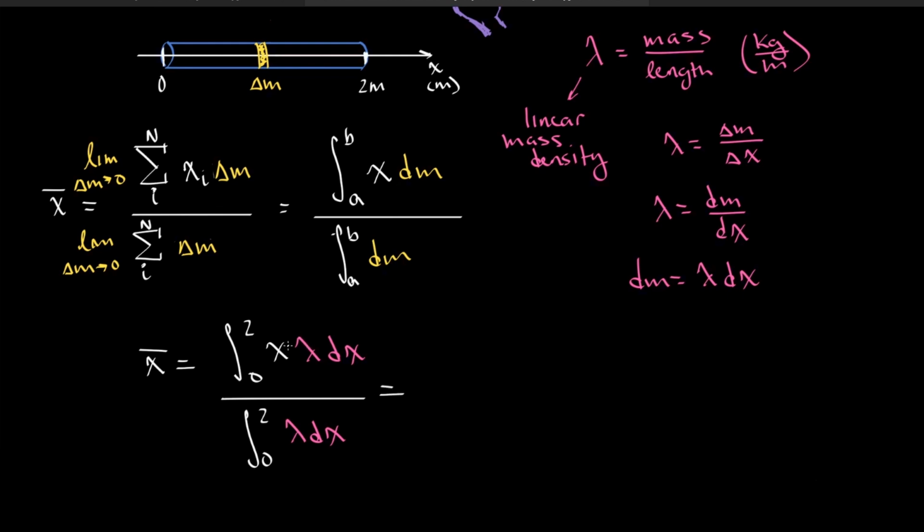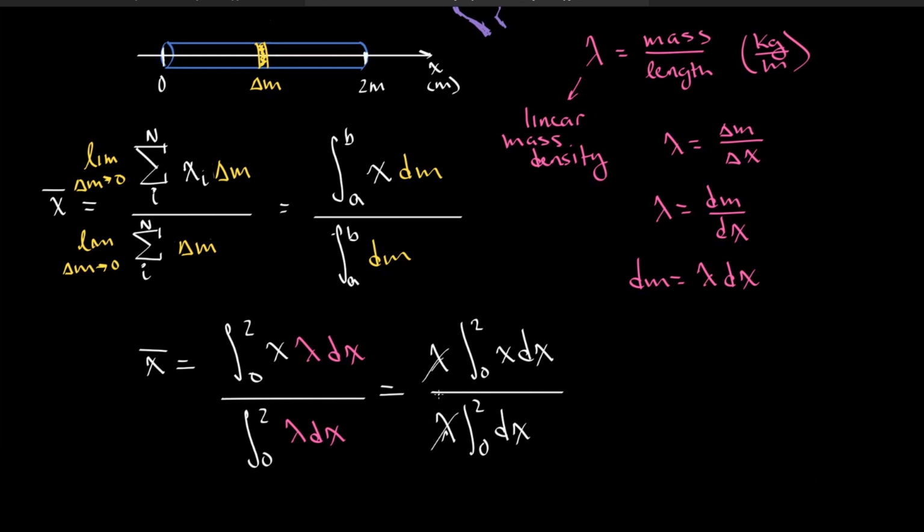So let's calculate these. And I said lambda was a constant, so we can pull it out. That is totally legal. So we have lambda times the definite integral 0 to 2 of x dx. And then down here, we can pull lambda out again, definite integral 0 to 2 dx. And lambdas will cancel.